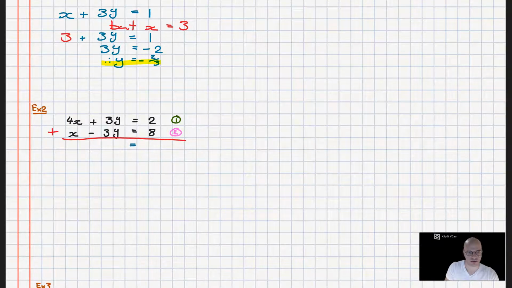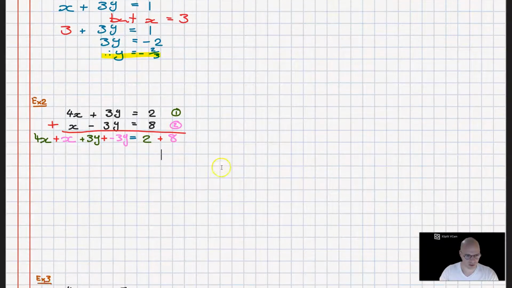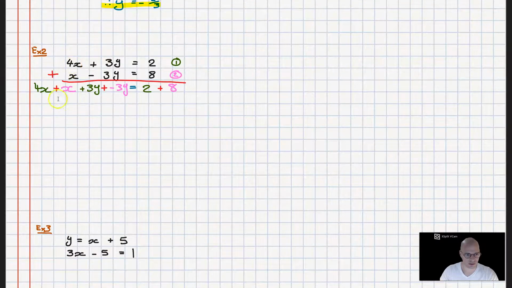So this is going to look like this. I've done the pluses all in red here to emphasize what's going on. So we've got 4x plus x, plus 3y plus minus 3y. Then on the right hand side we've got 2 plus 8.